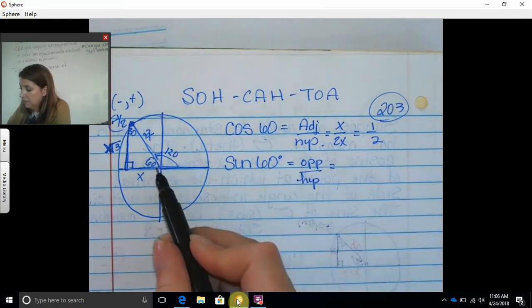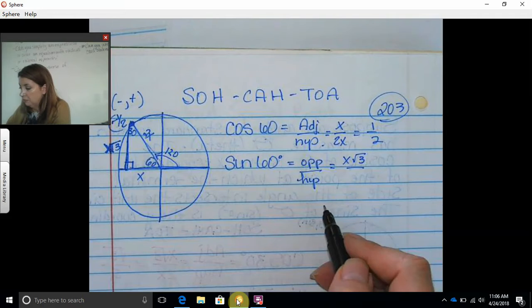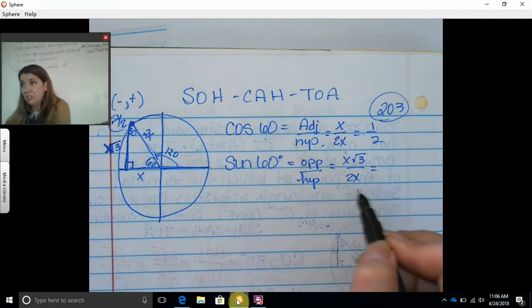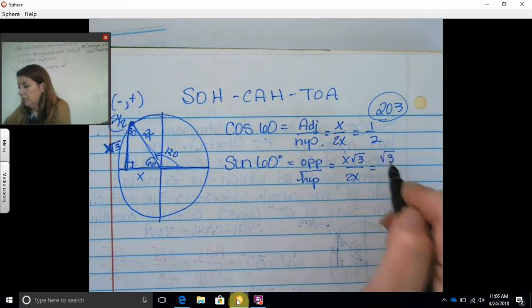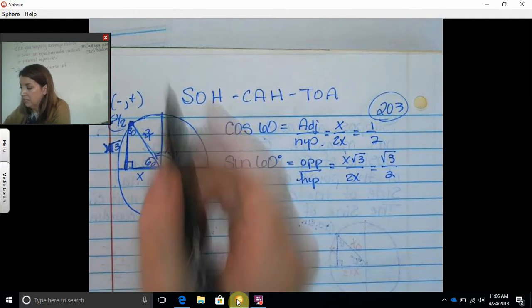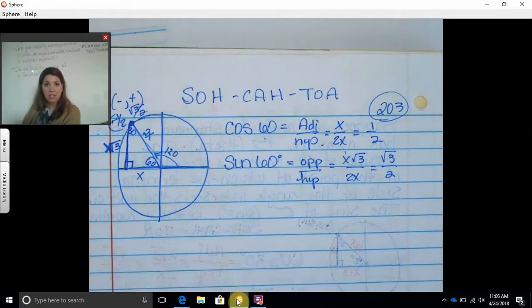So what leg is opposite of theta? X square root of 3 over the hypotenuse of 2x. My x's, I can reduce those because neither of them are under the radical. So that would give me square root of 3 over 2. And my y values in the second quadrant are positive. Only the x values are negative. So that's negative 1/2, comma, positive square root of 3 over 2.